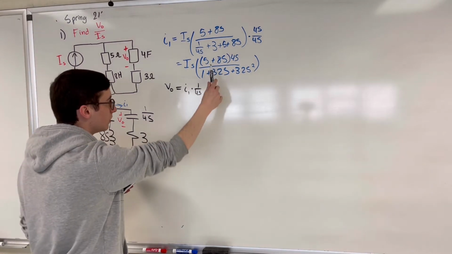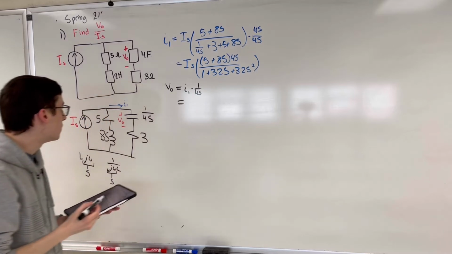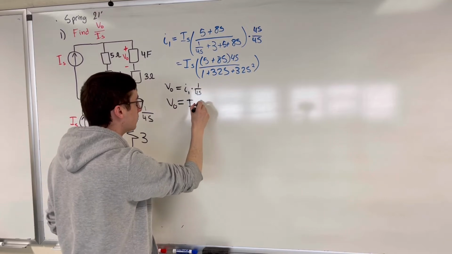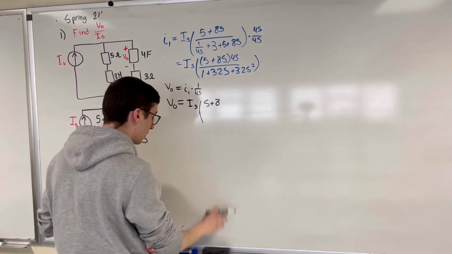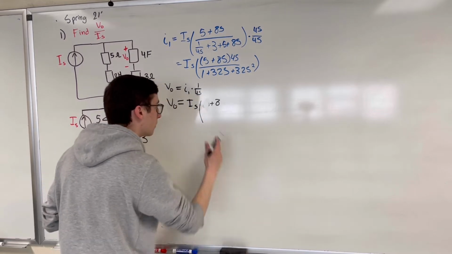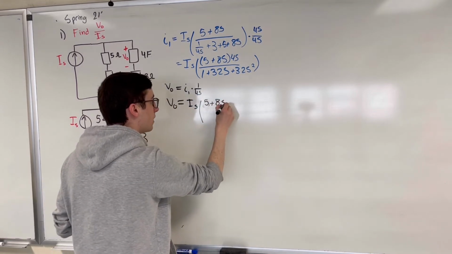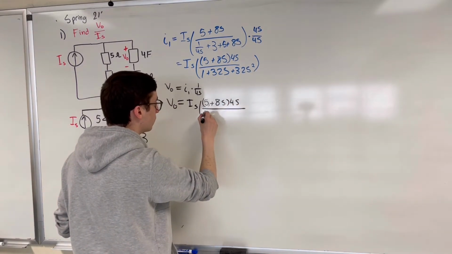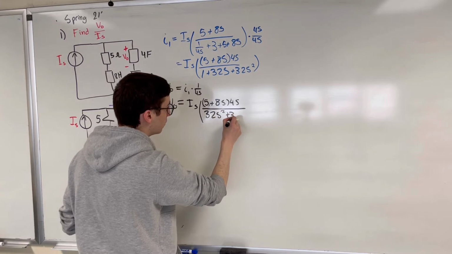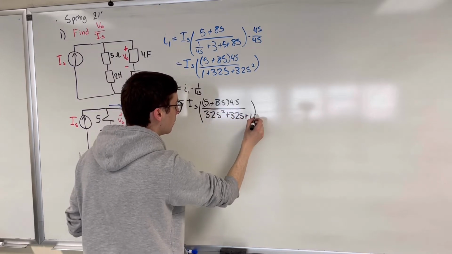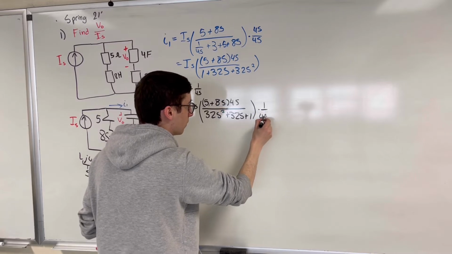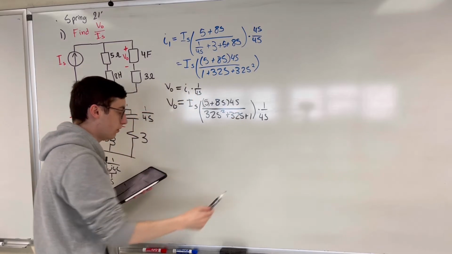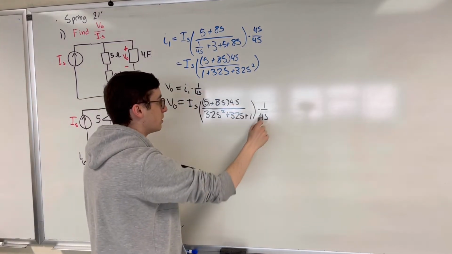So VO is going to be equal to IS times 5 plus 8S times 4S all over 32S squared plus 32S plus 1, and all that times 1 over 4S. This is why I kept the 4S in the numerator, because this 4S and this 4S cancel out.